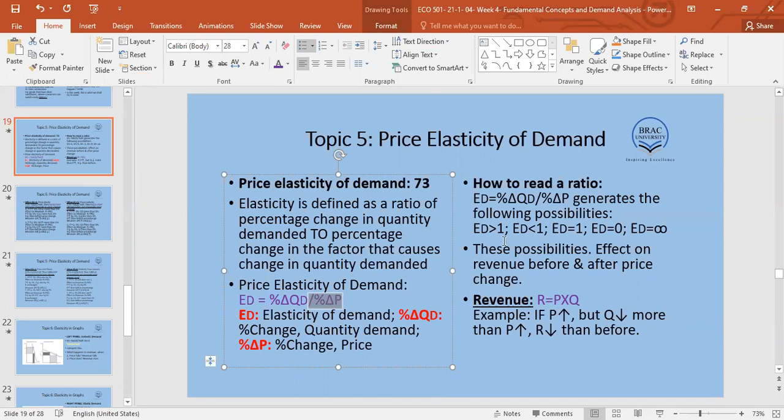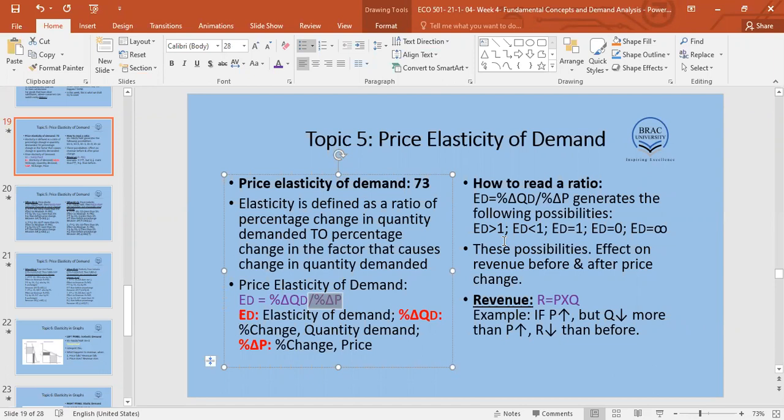So when we're looking at the ratio, remember any ratio can only have 3 logical possibilities. It can be greater than 1 if the numerator is greater than the denominator. In this case, the percentage change in quantity demanded is greater than the percentage change in price, and being greater than 1, the extreme is infinity.